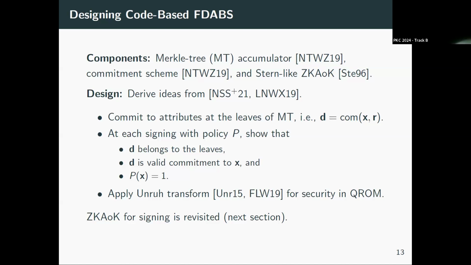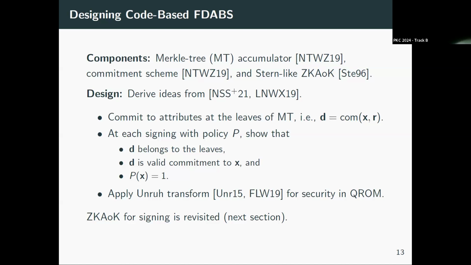So in our design, we assume that the attribute of each user is S, and we commit to each attribute to get the public key D, and then for each signing, we need to show that the public key D is among the users having valid public keys.